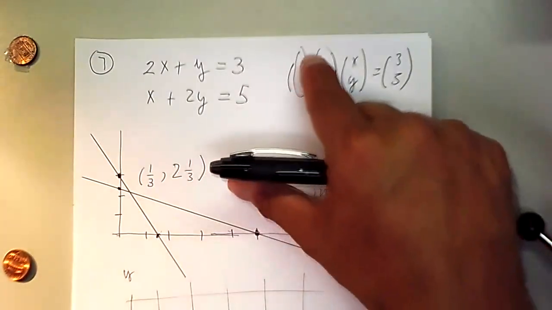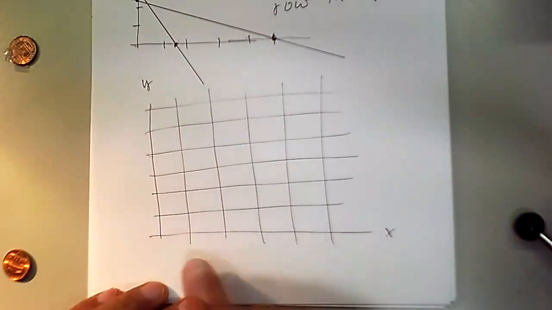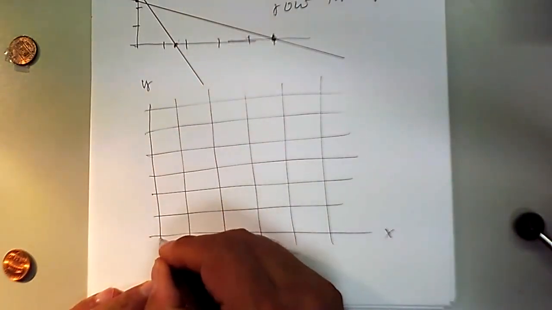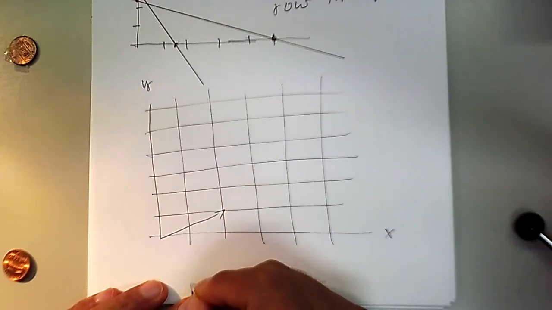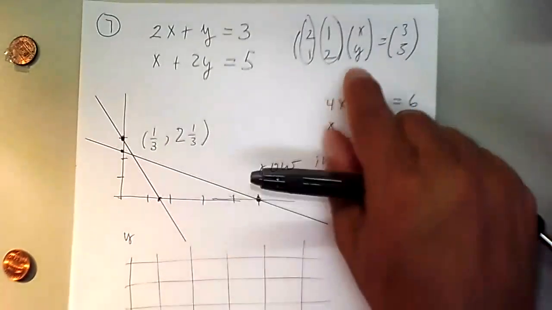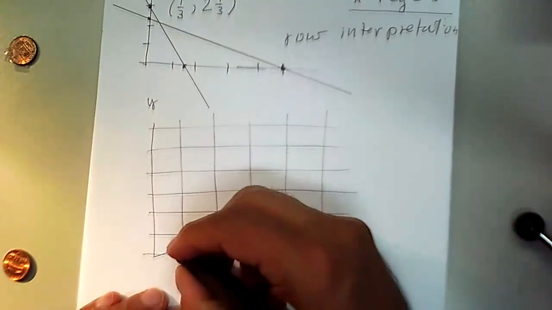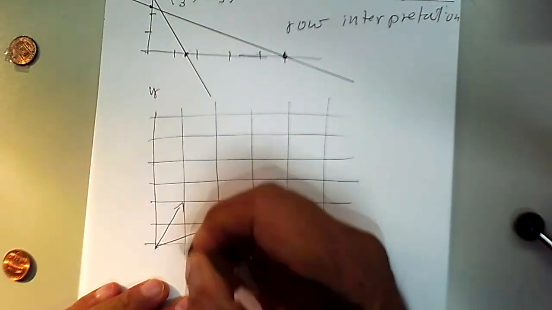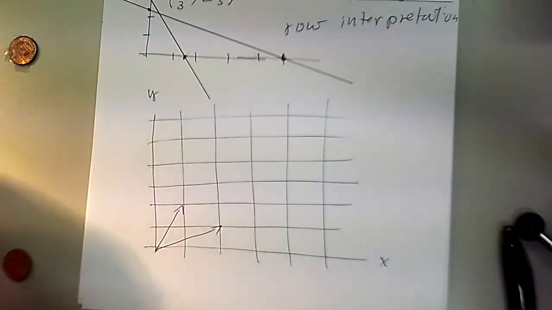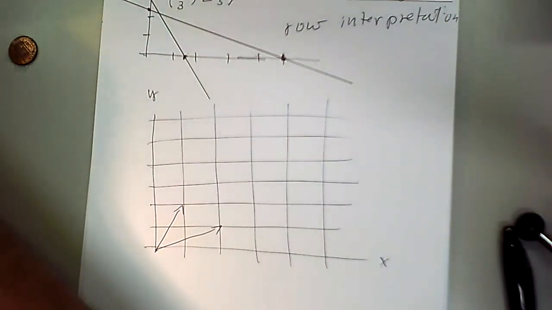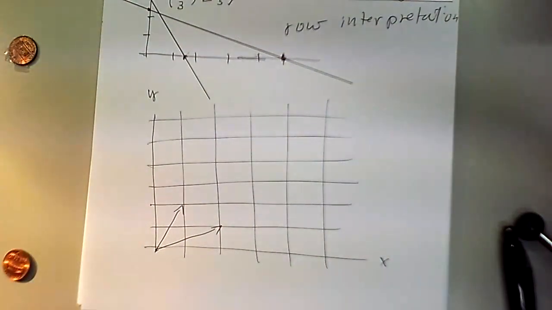Okay, so this vector is 2, 1. So we have this vector, and then 1, 2 is this vector. Let me use a different writing instrument to differentiate.